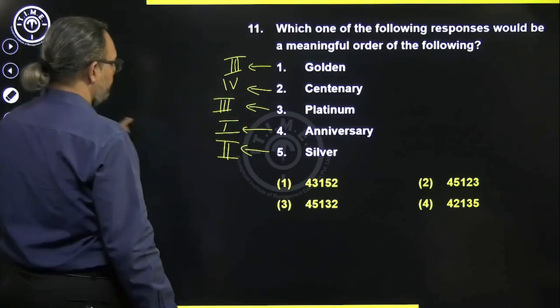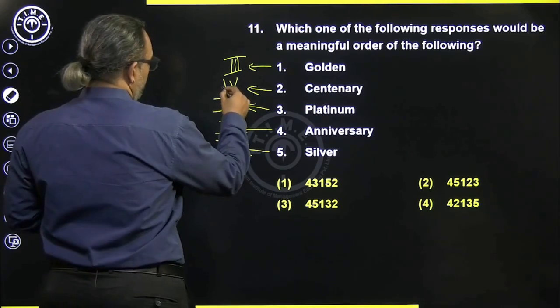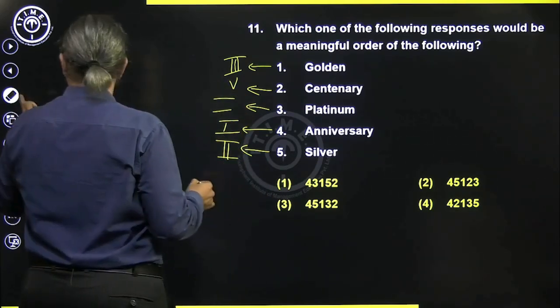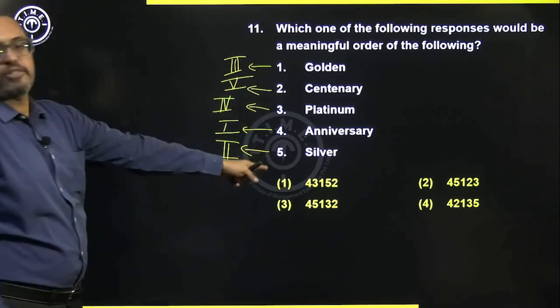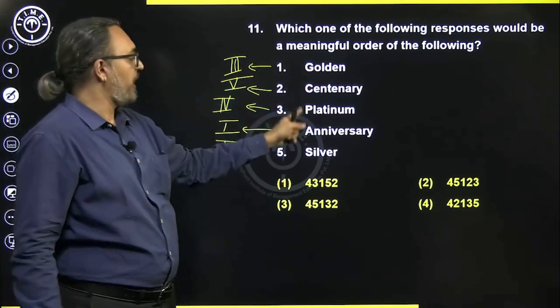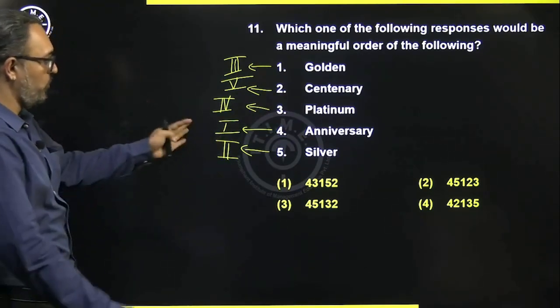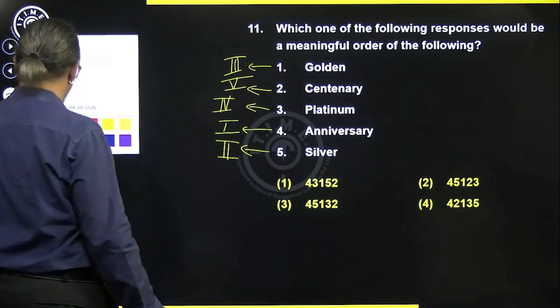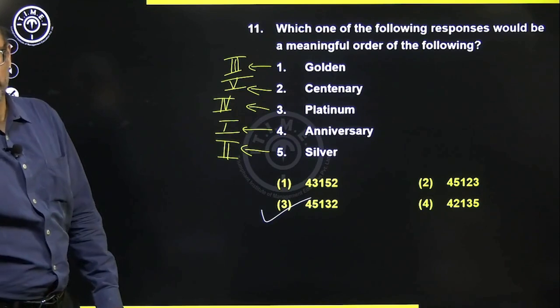Total 5 are there, no? So 3, then this is 4, and this is 5. Because silver is 25 years, golden is 50 years, platinum is 75, centenary is 100. So type of anniversaries is available to us in option number 3. That's how you check meaningful order of the given words.